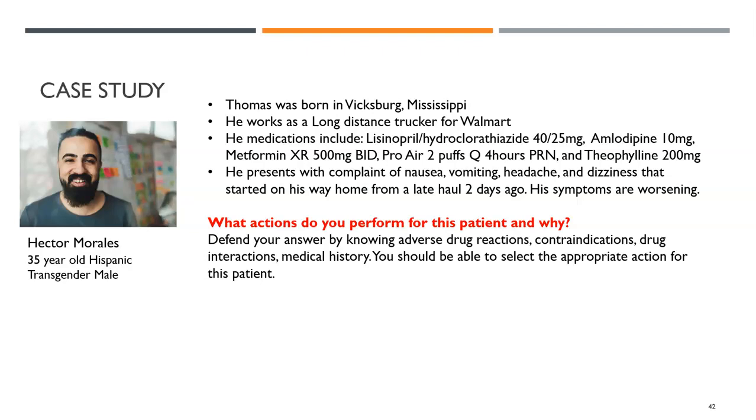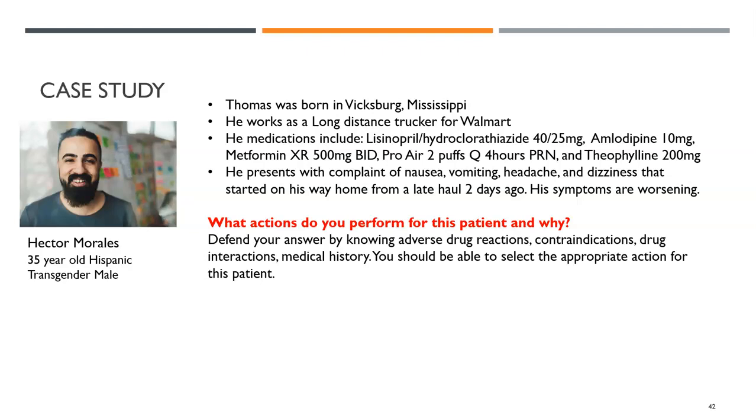He presents with a complaint of nausea, vomiting, headache, and dizziness that started on his way home from a late haul 2 days ago, and his symptoms are worsening. So what actions do you perform for this patient and why? Defend your answer by knowing adverse drug reactions, contraindications, drug interactions, and medical history. You should be able to select the appropriate action for this patient, and you've got a lot of good history on him.